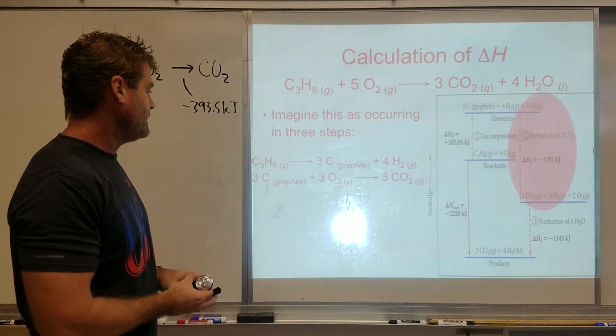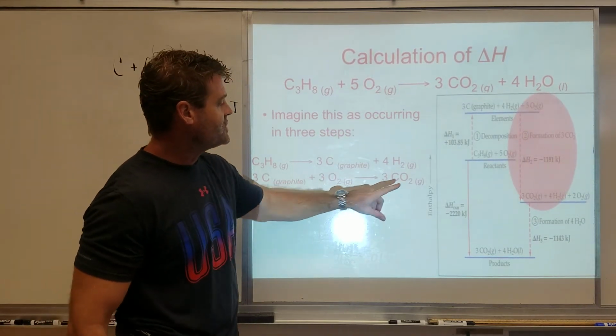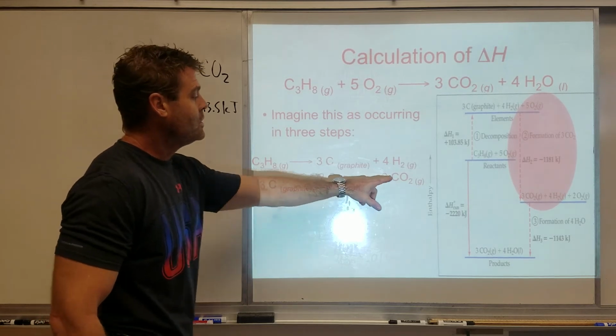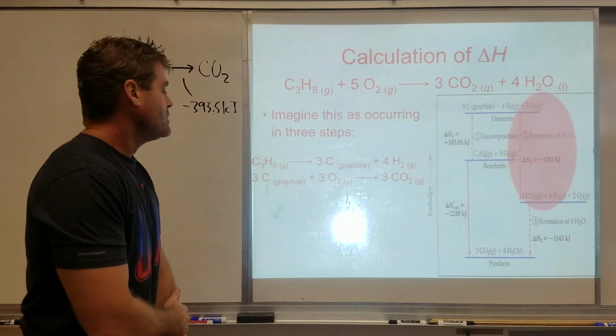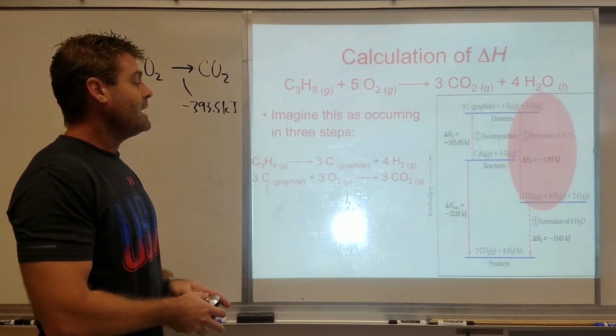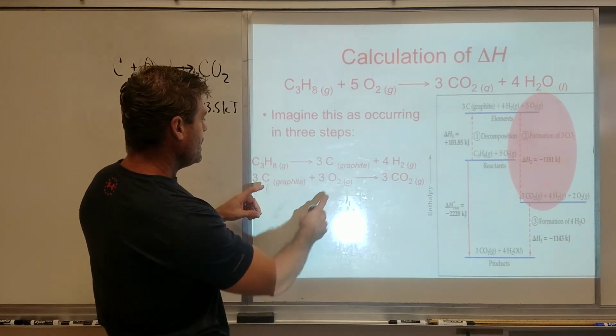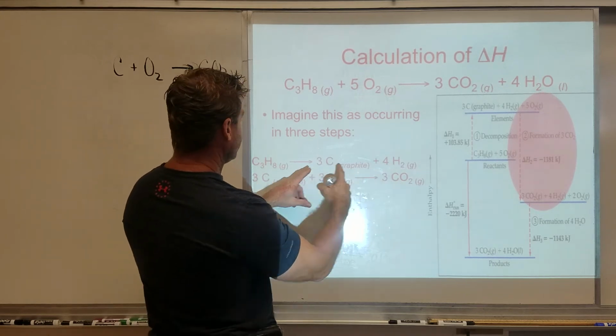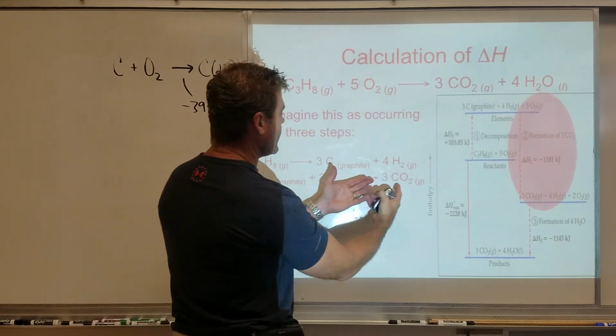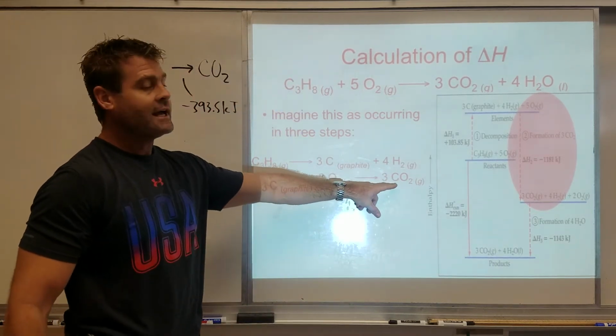Then let's look at the production of carbon dioxide. When the propane breaks down into carbon and hydrogen, one of the carbons reacts with oxygen to form carbon dioxide. How could I get that value?